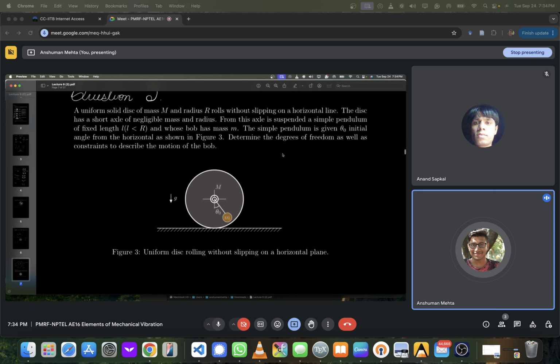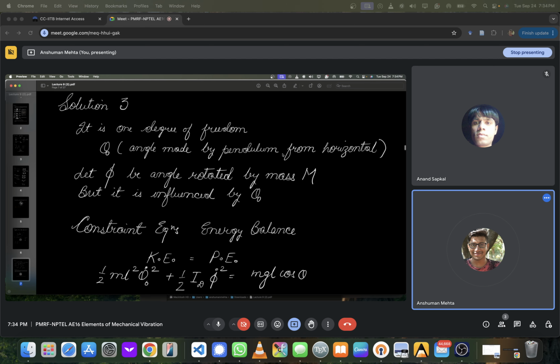Here again it's a similar question. Now here no will is there because everything is non-living. So here what is happening is that this theta naught, if this mass is disturbed, what will happen? This mass will go in this direction and then it will come back.